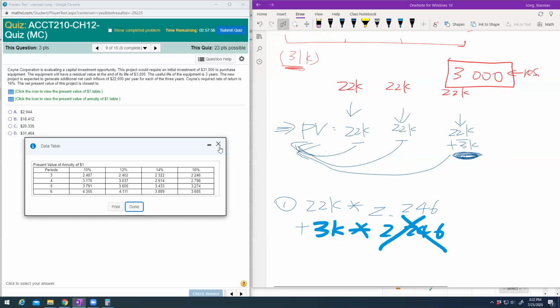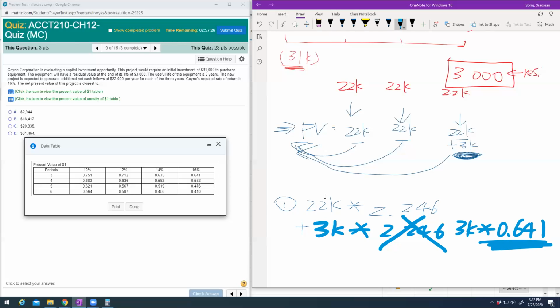Some students say, okay, I got it, 3,000 one time, so I should just use one period. That is wrong. Your 3,000 is also at year 3. So you should use 3,000 times 0.641. This is the right way.